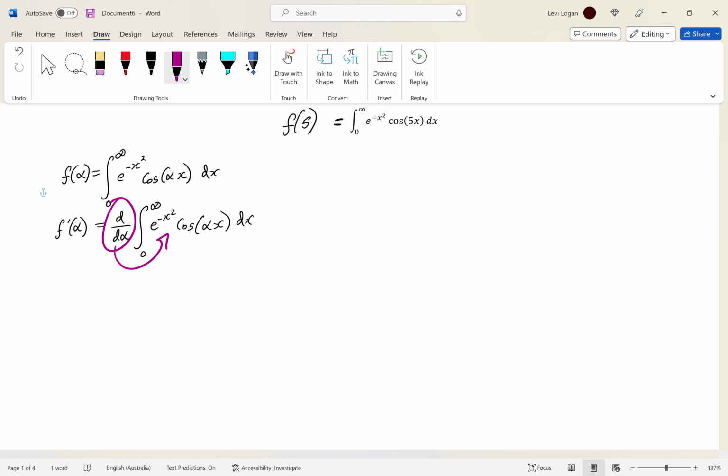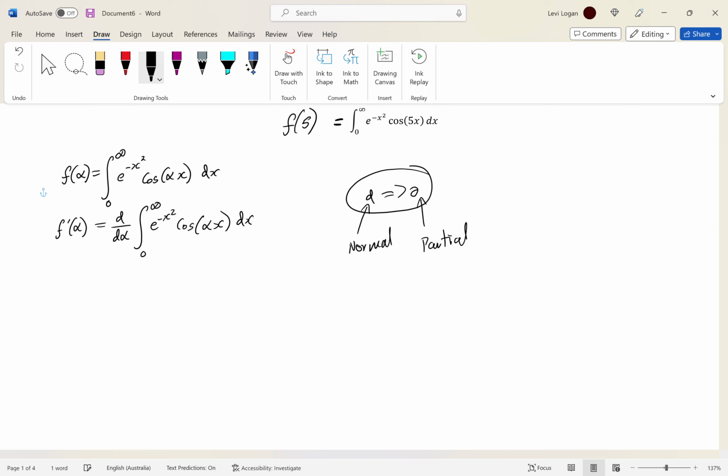A partial derivative is basically, instead of using a d like we use for a derivative, we use this symbol here. So this means normal derivative, and this means partial. What a partial derivative means is that when you're differentiating with respect to some variable, you treat all the other letters and variables as constants.